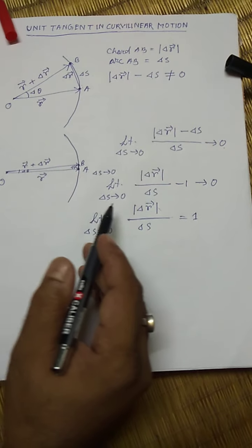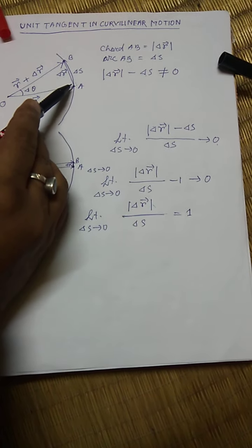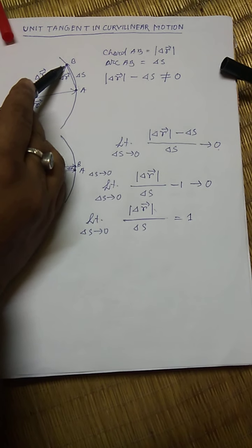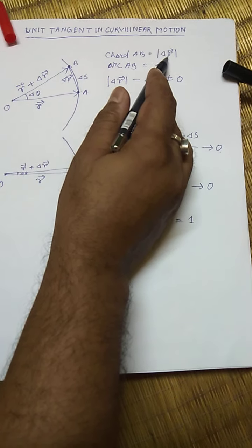Now let's identify the direction. Here chord AB gives the direction of the displacement delta vector r.